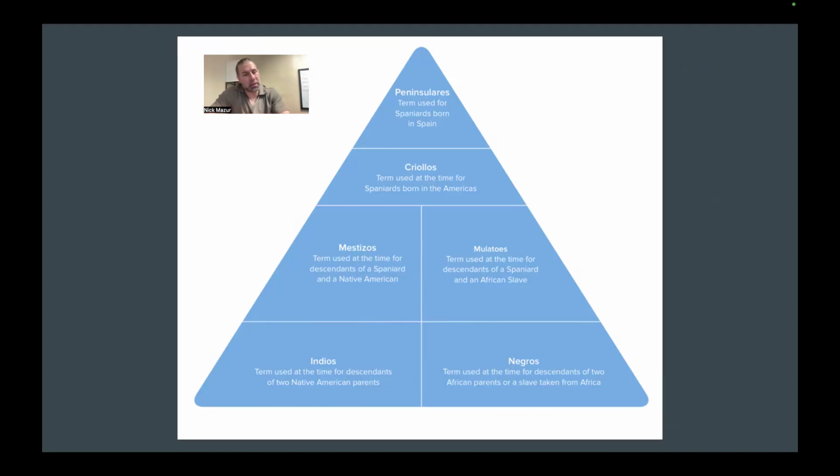So these are the people that are living in Mexico, the people that are living in Colombia, the people that are living in Peru, right? So they're Spanish blood, certainly, but they weren't born in Spain, right? To be born in Spain, that is the top, right? That is going to be very determinative of what you're going to be able to do in society, who you can marry, what is going to be your role, right?